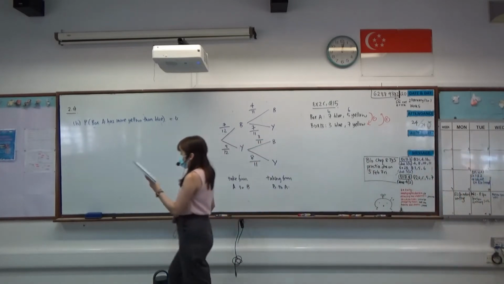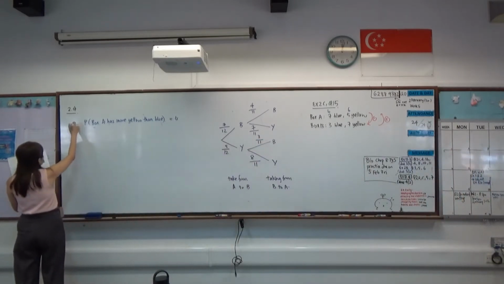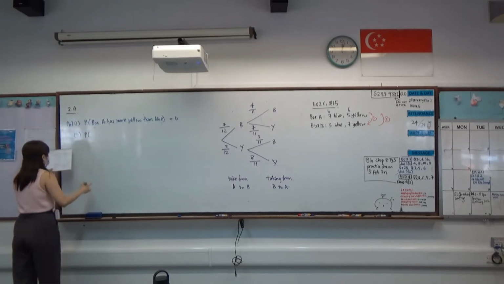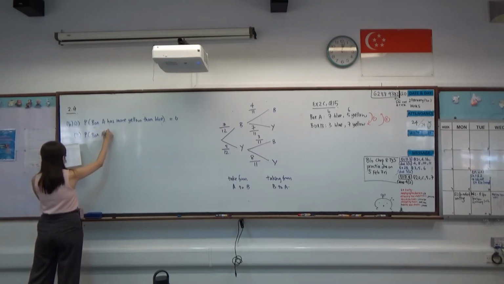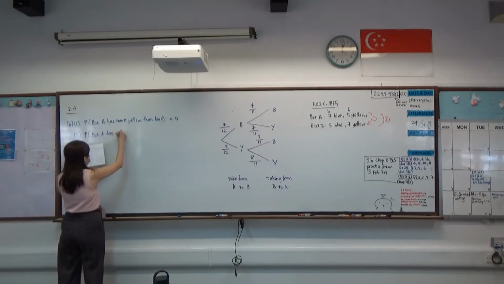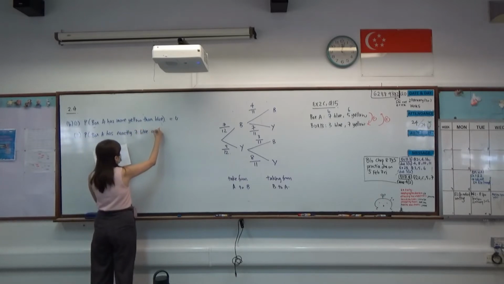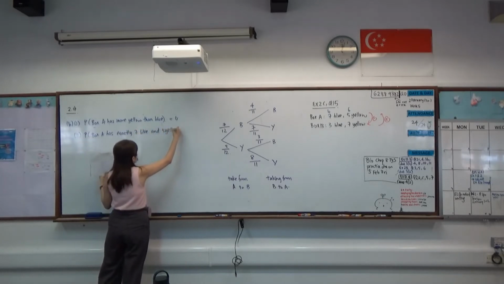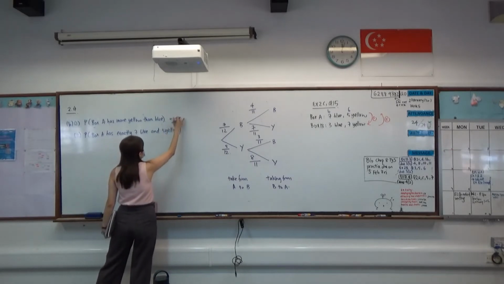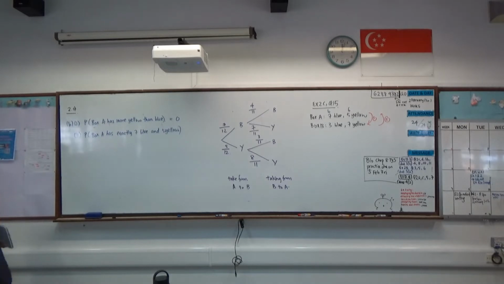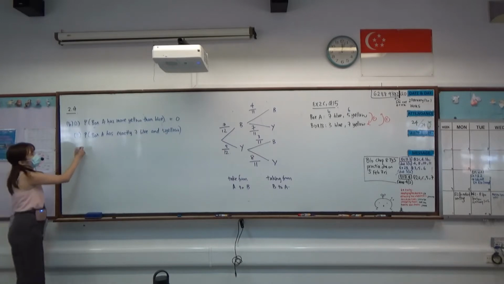Then in part 2, we want to find the probability that box A has exactly 7 blue and 5 yellow. What would the cases be that we have to consider?